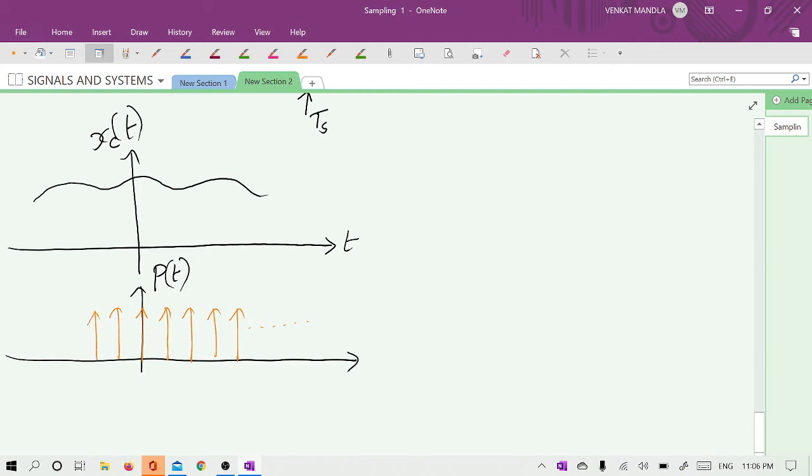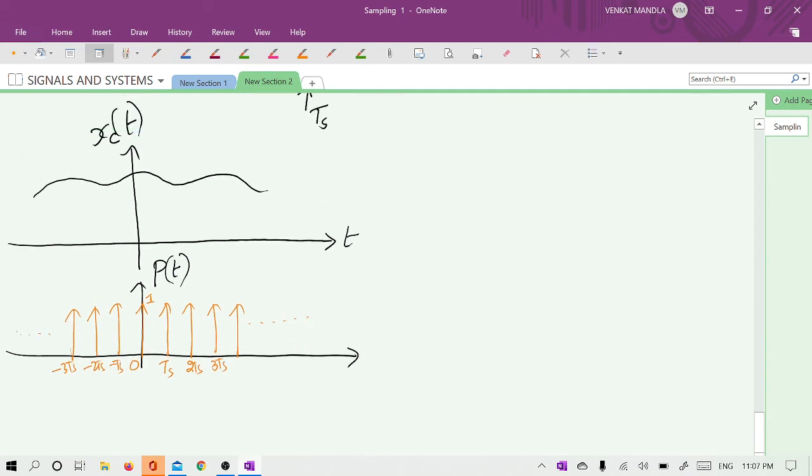This is my impulse train p of t. It has time period Ts, 2Ts, 3Ts, minus Ts, minus 2Ts, minus 3Ts, and so on. Okay, this is my p of t.